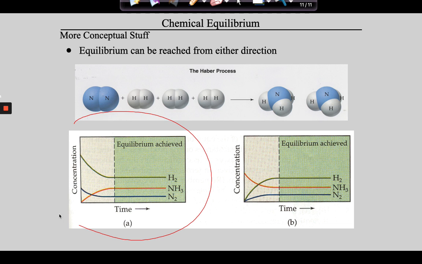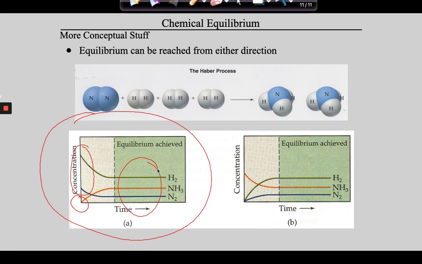So guys, down here, over time, notice what's happening. As the reaction takes place, you'll notice that NH3 is our product. You'll notice that N2 and H2 are our reactants. When these reach equilibrium, notice the representative concentration ratios.